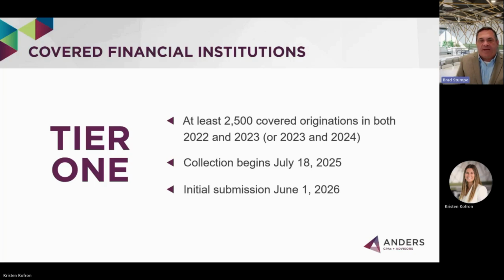The number of originations hasn't changed as to what qualifies for the various tiers. Tier 1 continues to be the higher volume lenders, and they will be the first to begin collecting and reporting data, followed by tiers 2 and 3. This slide includes the origination level, along with the revised initial collection and reporting dates for Tier 1. But remember that if you want to do a dry run with your processes, you can begin collecting data up to 12 months prior to the collection date.